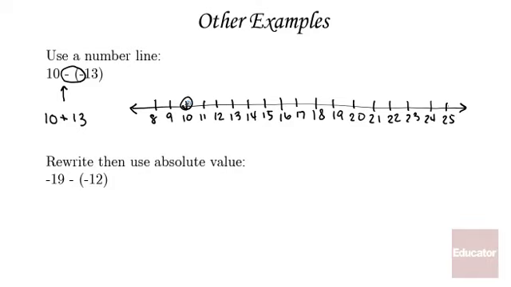This means that I'm going to be moving in the positive direction 13 units. So start at 10 and add 13. 1, 2, 3, 4, 5, 6, 7, 8, 9, 10, 11, 12, 13. So I end up at 23. So 10 minus a -13 is 23.